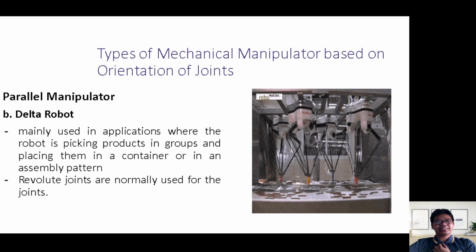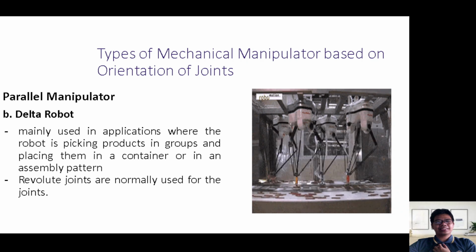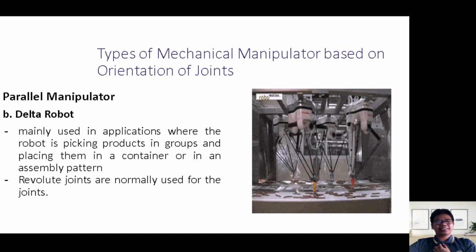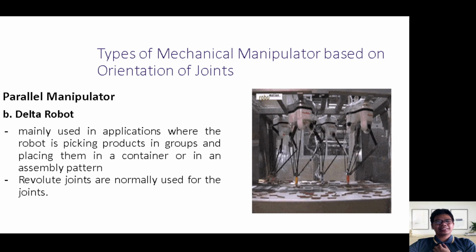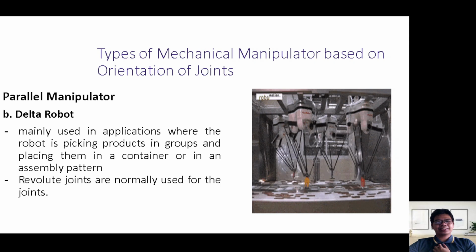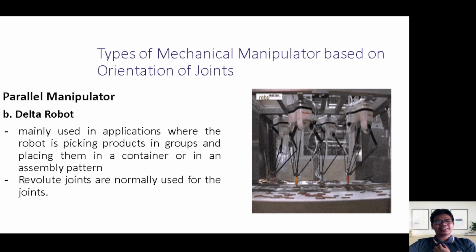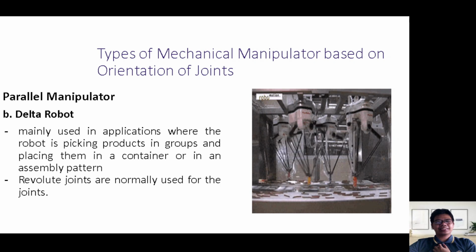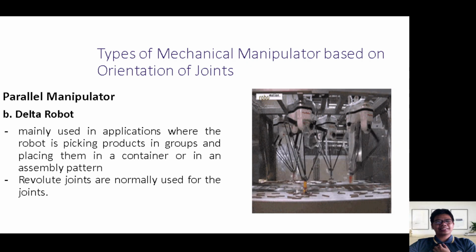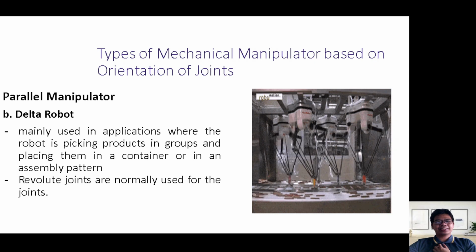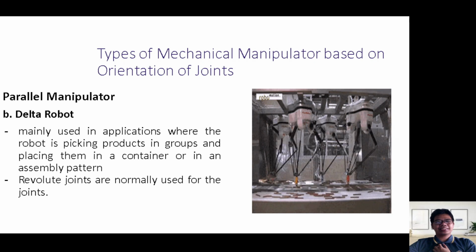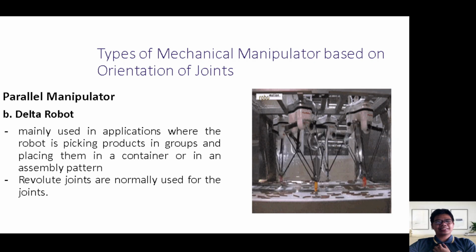Primarily employed for tasks where robots need to pick products in groups and arrange them in containers or specific assembly patterns, the Delta robot is a marvel of efficiency. Characterized by the use of revolute joints, this design ensures precision and rapid movement, making it an asset in high-speed and intricate applications.